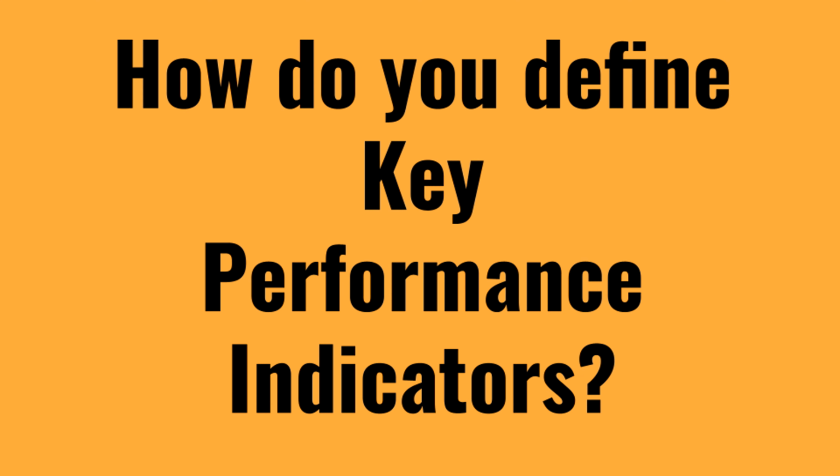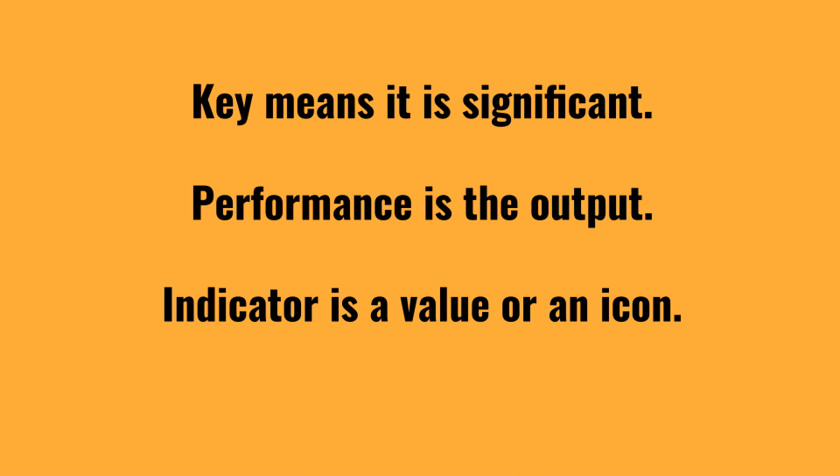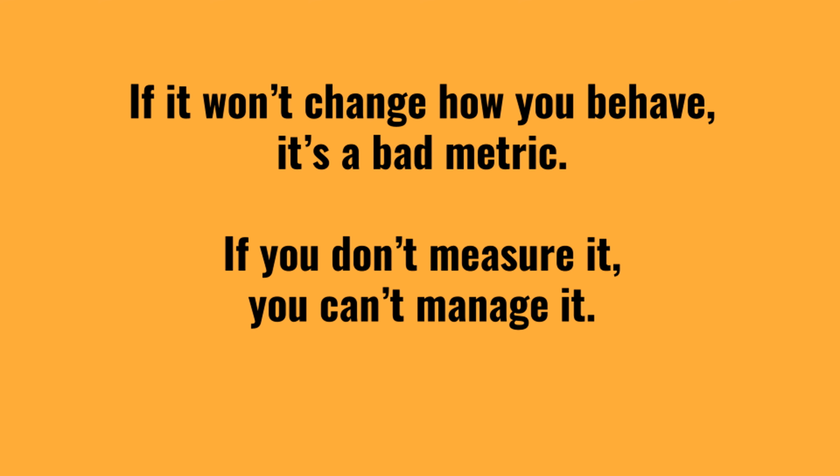So, how do you define key performance indicators? Key means it's significant. Performance is the output or the lack of. An indicator is a value, a character, or an icon or an avatar that shows the performance. Always remember, if it won't change how you behave, it's a bad metric.